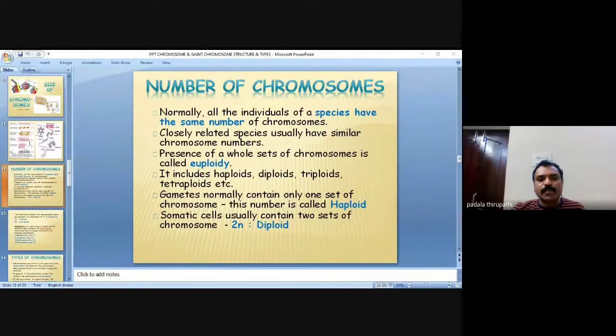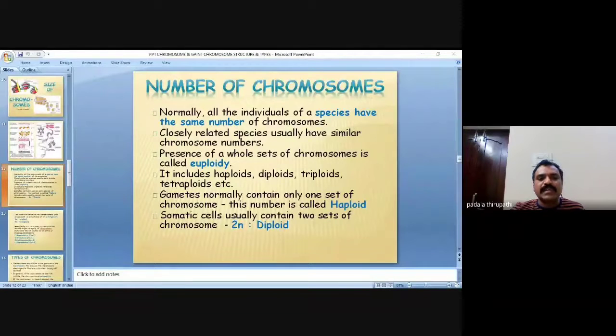In euploidy, the chromosomes may be in haploid condition, diploid condition, triploid condition, or even tetraploid. Haploid means one set of chromosomes. The cell contains only one set of chromosomes, we call it haploid.